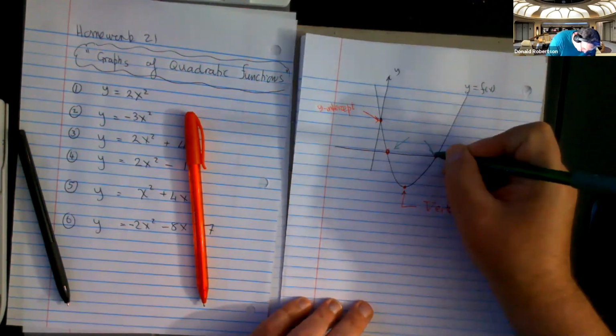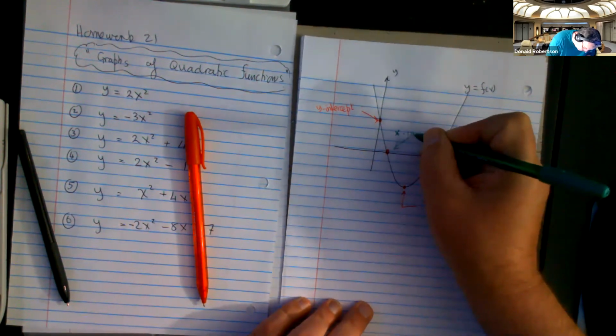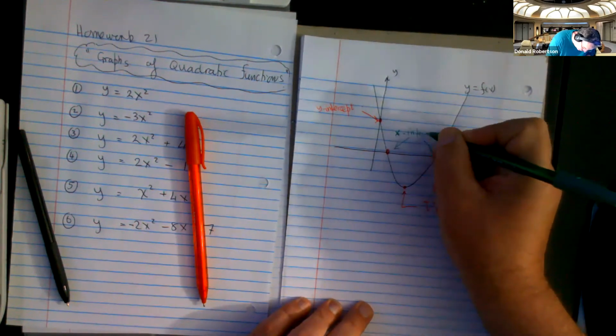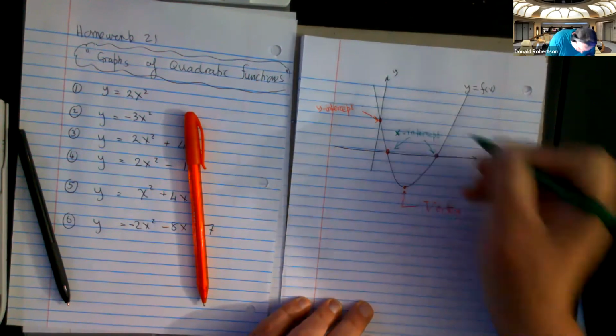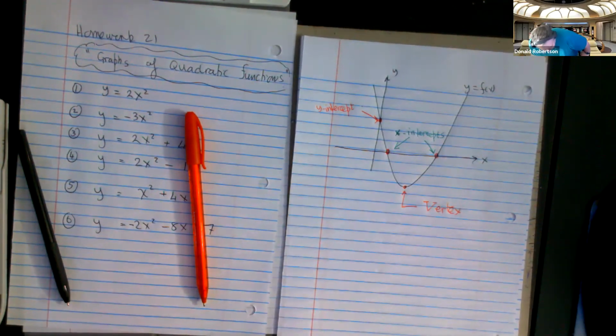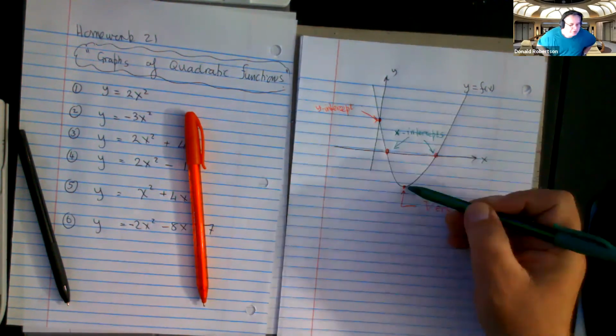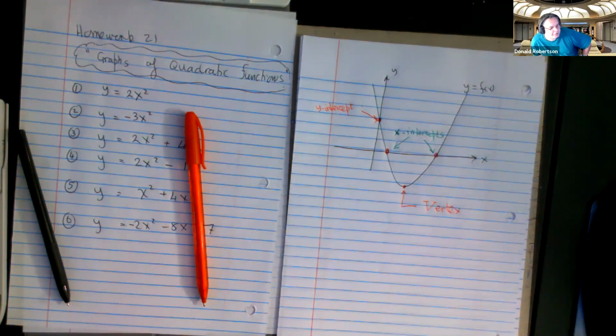And these two guys, they're called the x-intercepts. If I want to do a very primitive sketch of a quadratic, if I could find these 4 points, wouldn't that be enough to draw a reasonably good curve?